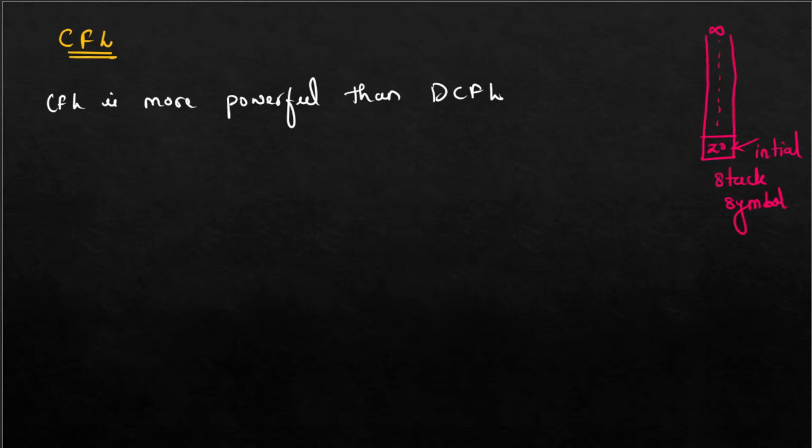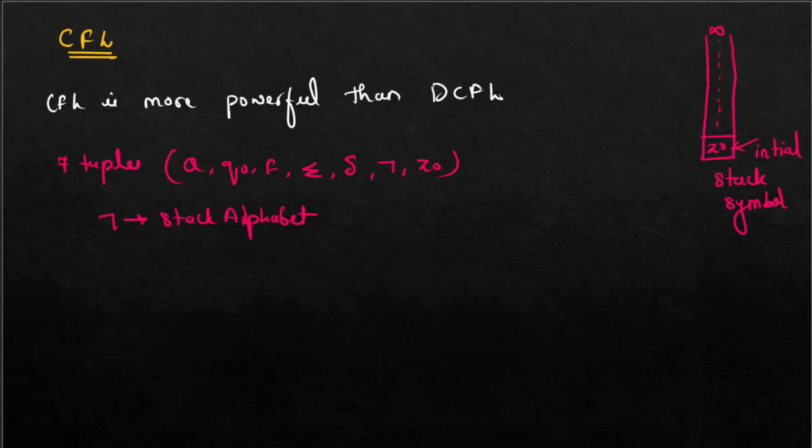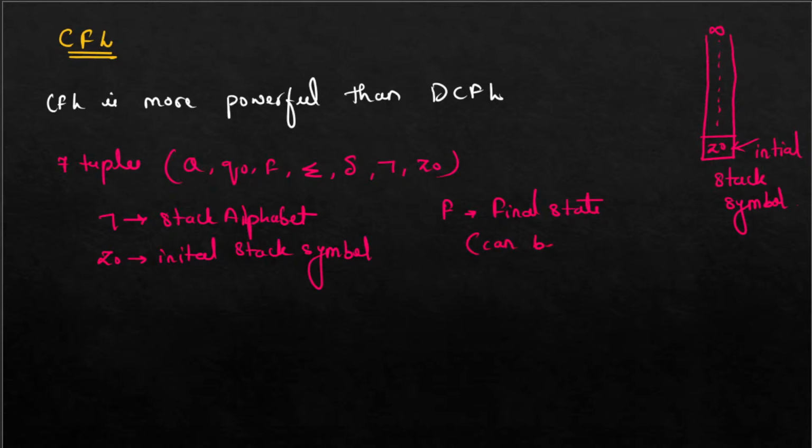There are 7 tuples: Q, sigma, tau, delta, Q0, Z0, F. Here tau is called the stack alphabet, Z0 is the initial stack symbol, and F is the final state, which can be empty.